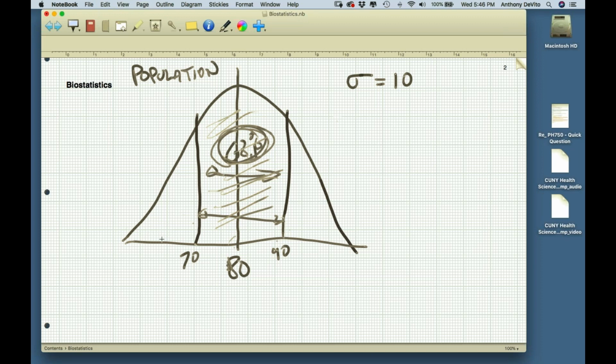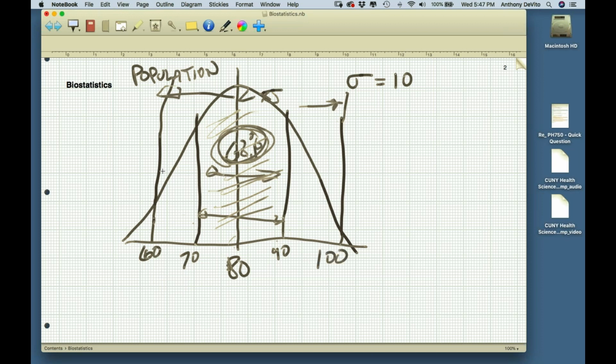Okay, and the other thing that we knew is that there's actually more to this empirical rule. We could also say that 95% of the population would be represented by 2 standard deviations, between 60 and 100.